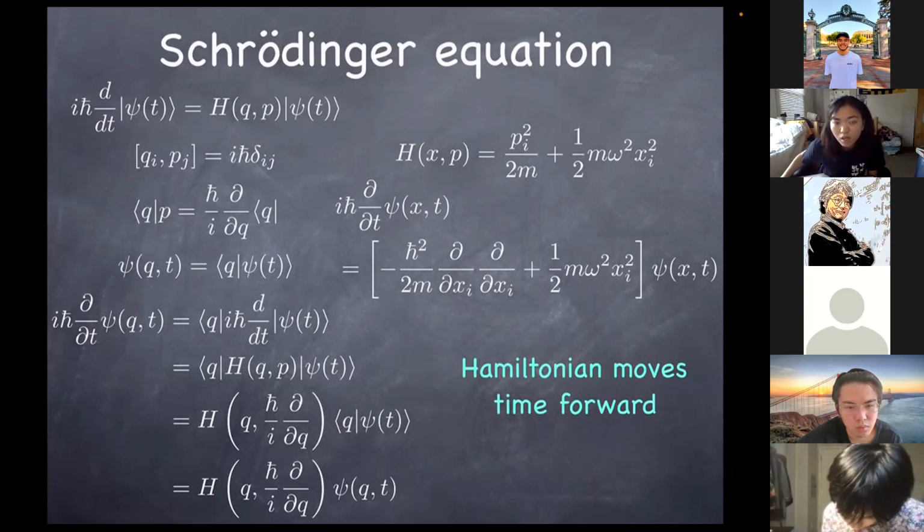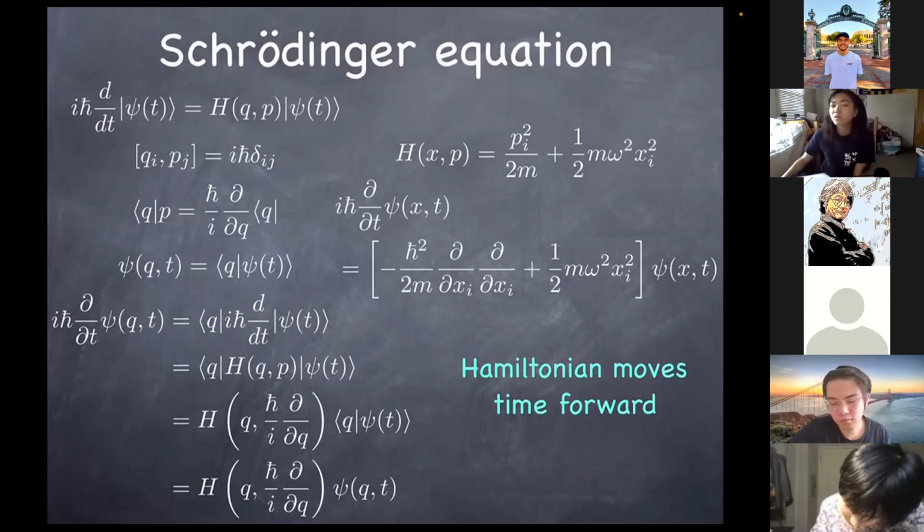So Q inside the bra is already the eigenvalue, namely a number. And that's why I can define the Q derivative. If Q is still an operator, there's nothing I can define as a derivative with respect to an operator. But once that Q is a number, I can define that. Okay, thank you.